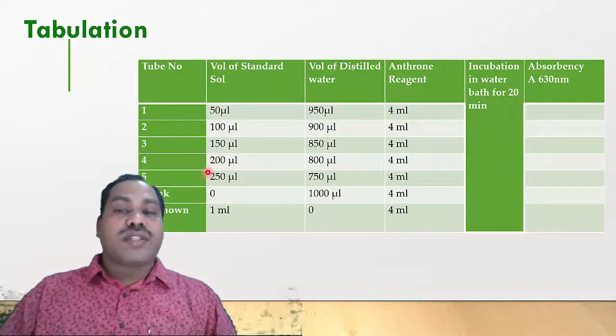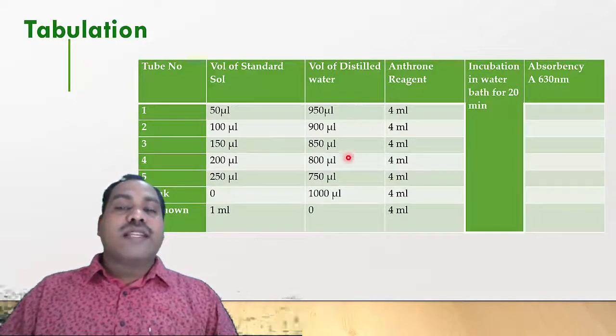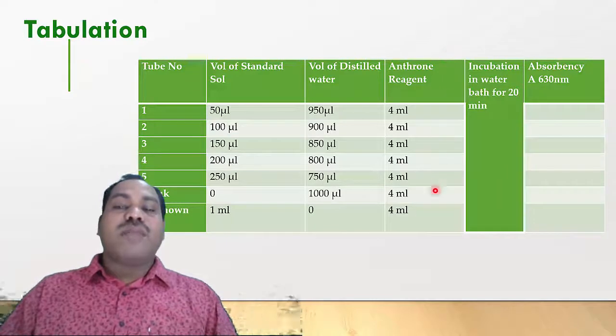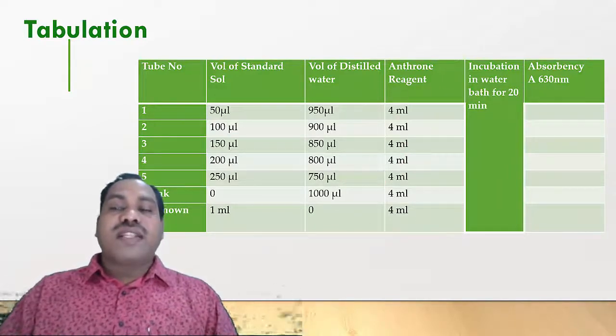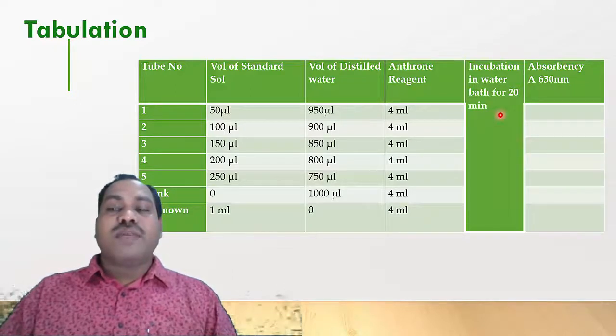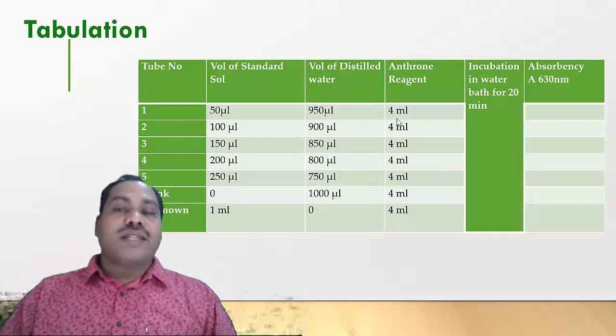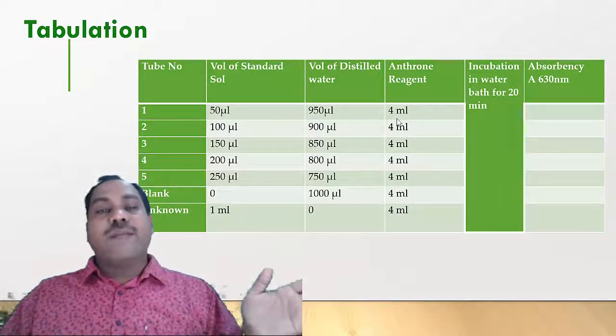Then distilled water is added to make the volume 1 ml. Then 4 ml of anthron reagent is added to each of the test tubes. Then after the water bath, the absorbance at 630 nanometers will be taken in the spectrophotometer.